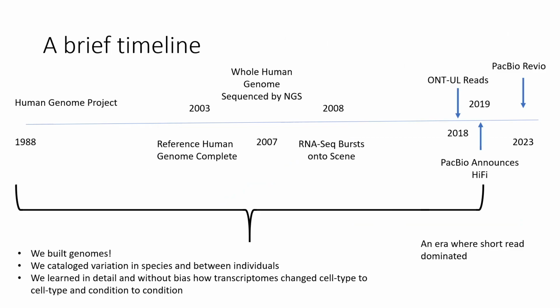So a timeline, right? A lot of young faces here, so I don't know how many people know this history. Back in 1988, the Human Genome Project was begun, and in 2003, for the first time, the reference human genome was declared complete. We believe that for the last time, the human genome was declared complete just last year, but who knows?